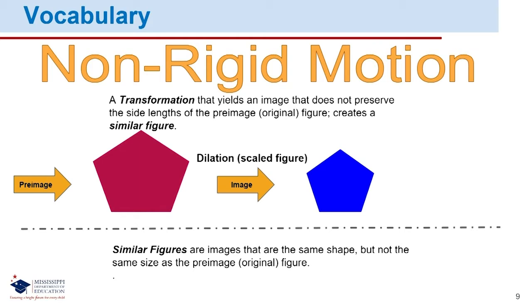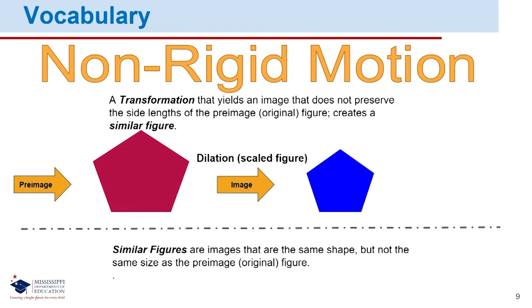So here you see my original image, my pre-image, and here you see the image. What happened to it? Right, it's smaller. And because it's smaller, it is a dilation.